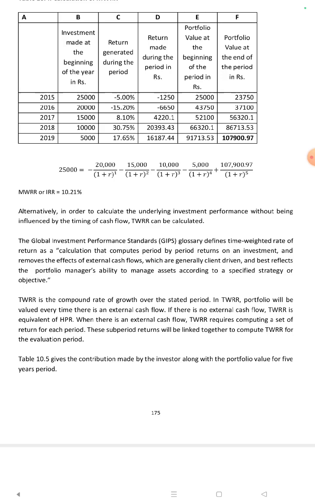In TWRR, the portfolio will be valued every time there is an external cash flow. If there is no external cash flow, TWRR is equivalent to HPR, holding period return. When there is an external cash flow, TWRR requires computing a set of returns for each period.